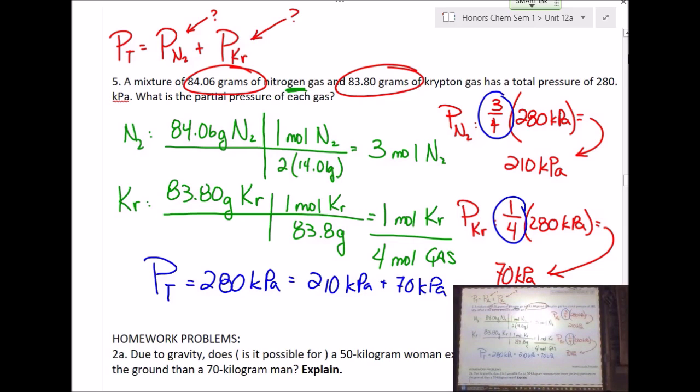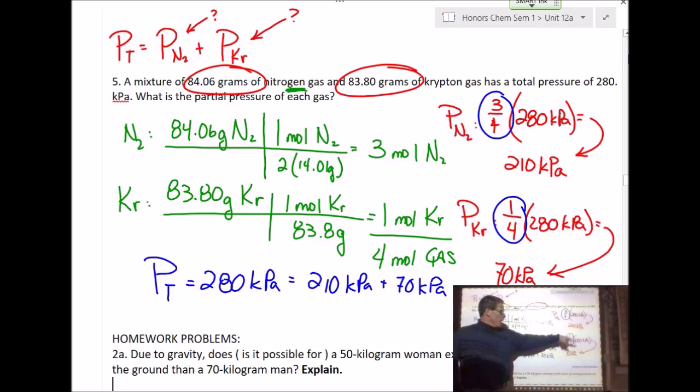So then after you find the moles and you take the moles of nitrogen, let's say it's 3 over 4 moles of gas, which is the whole thing, you multiply it by 280 kilopascals and add them together. This you don't have to do, but it's a check. If for whatever reason you need to have that security blanket, that's fine.